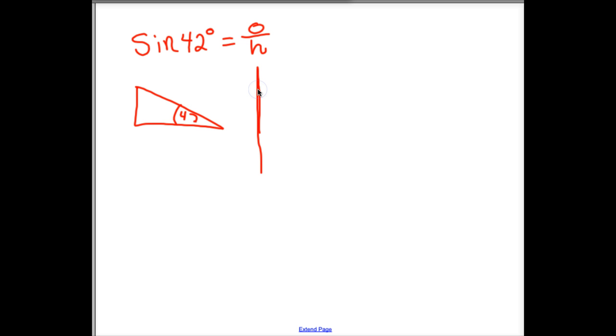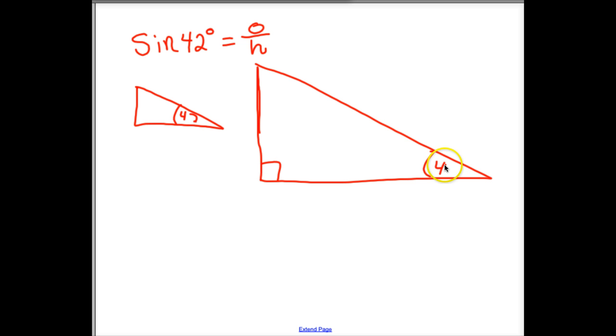So if I were to ask you what is the sine of 42 degrees? Now if you had the triangle sitting there and you could see the sides, you would set up the ratio of the opposite side over the hypotenuse. And no matter how big I make the triangle, so let's pretend this is 42 degrees, and then let me make a lot bigger one, so everything gets proportionally bigger, and still keep that at 42 degrees.